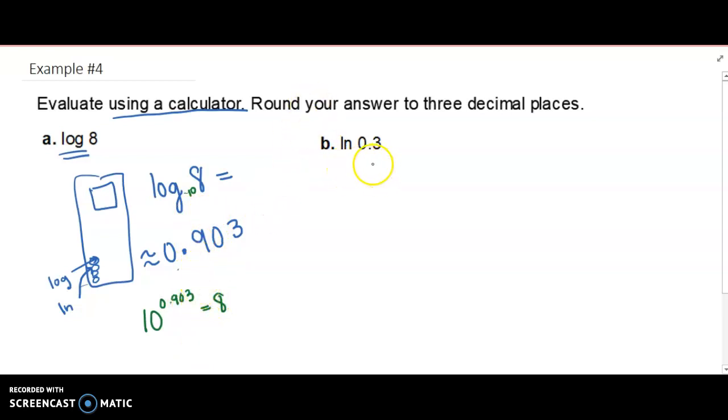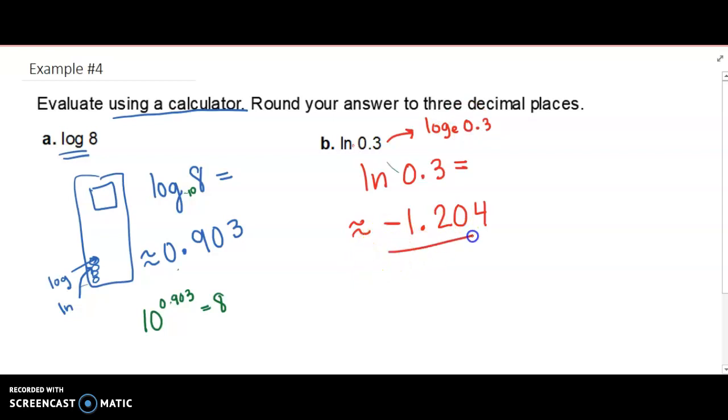Same thing for natural log, all you have to do is hit ln and then 0.3 equals in your calculator, and you should get roughly -1.204. Remember this is log base E, so this is the same thing as log base E of 0.3.